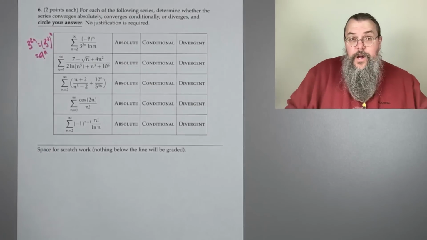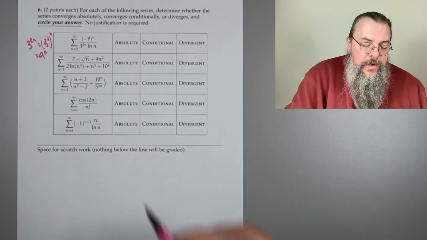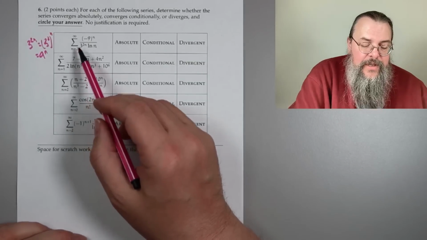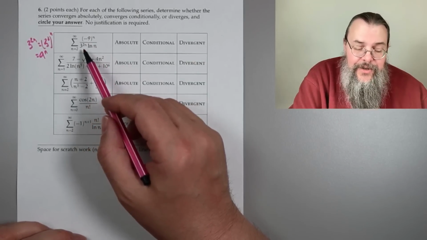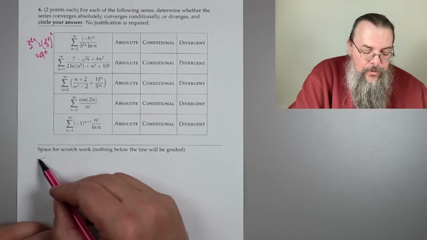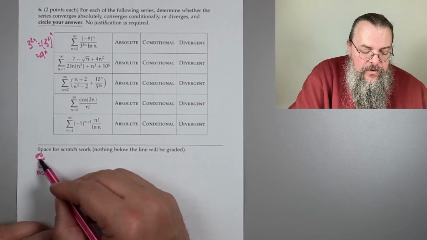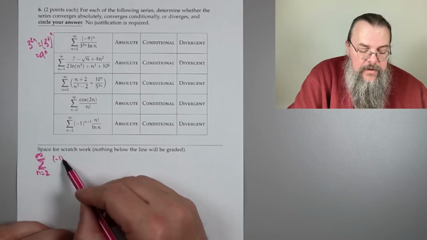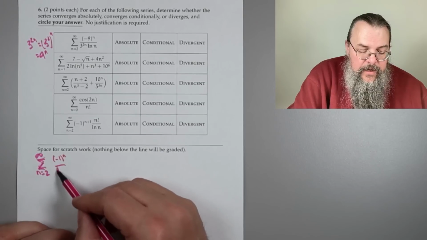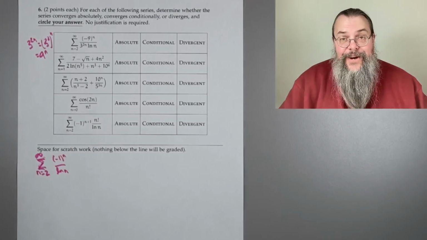So we're like, what? Well, that's saying, hey, what we really have going on with this sum is there's a negative 9 to the n upstairs and a 9 to the n downstairs. So the first sum looks like sum from 2 to infinity of negative 1 to the n over log n, because the 9 to the n's cancel out.